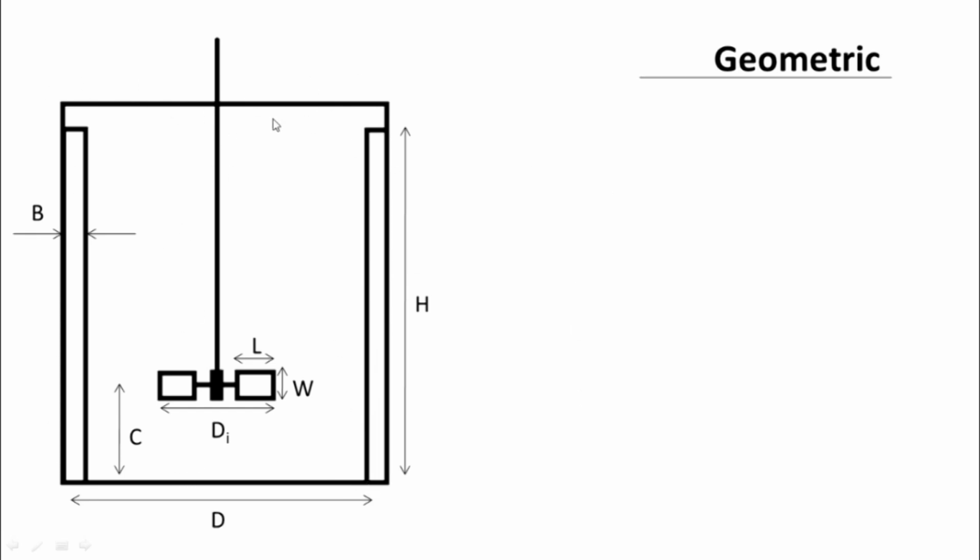This is the impeller, and this is the impeller shaft, impeller blades. The various dimensions are given here. Di is the diameter from the tip of one impeller to the tip of a diametrically opposite impeller. W is the width of the impeller, L is the length of the impeller blade.